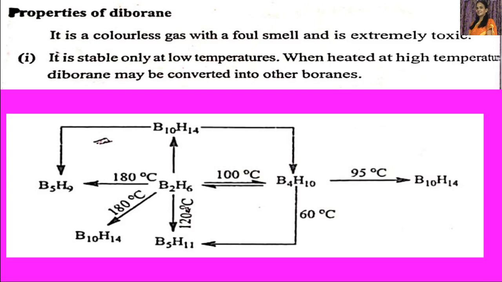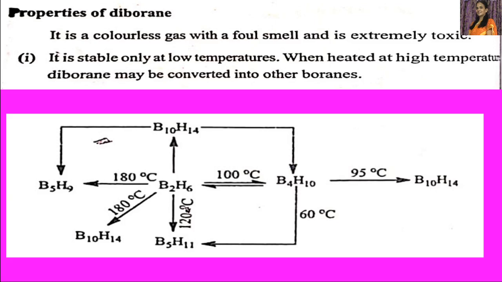Here we can see B2H6 upon heating to high temperatures, 100 degrees centigrade, 180 degrees centigrade, gives tetraborane, B4H10. On heating to 95 degrees centigrade, this becomes B10H14, decaborane 14. When heated to 60 degrees centigrade, we get pentaborane 11. On heating to 120 degrees centigrade, it also gives pentaborane 11.